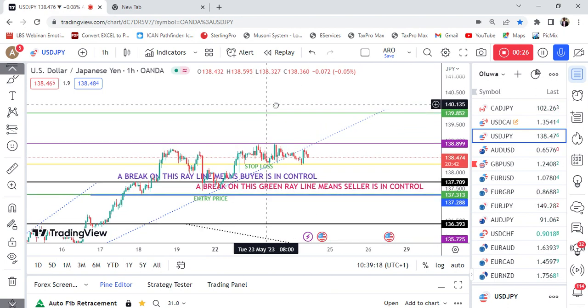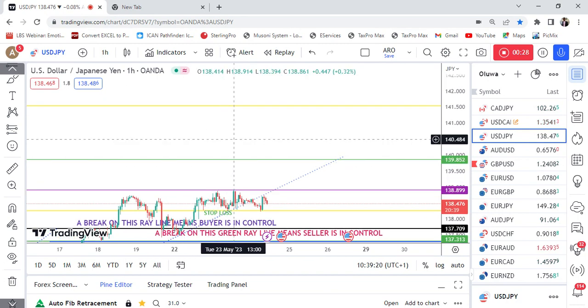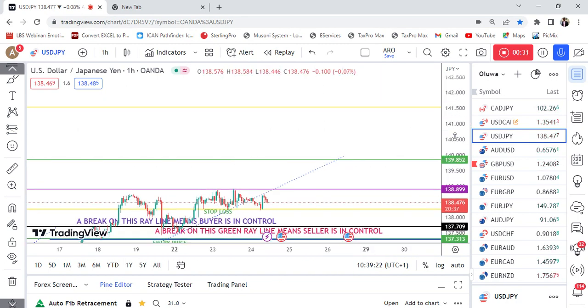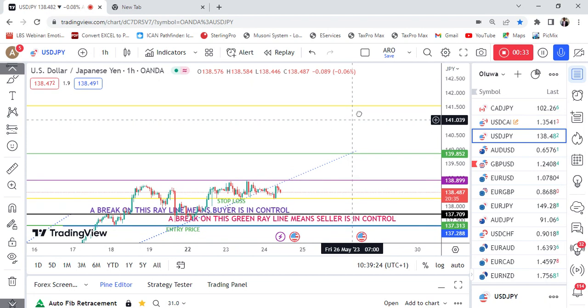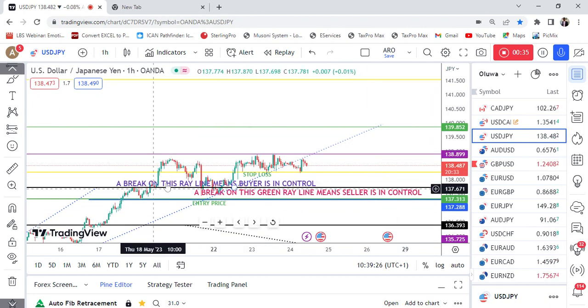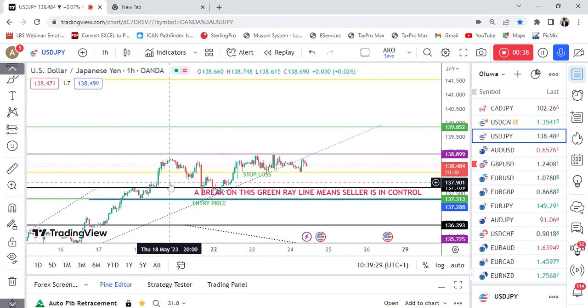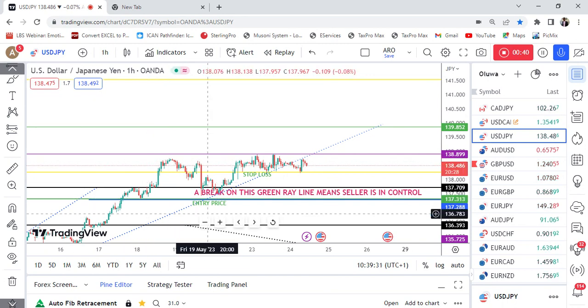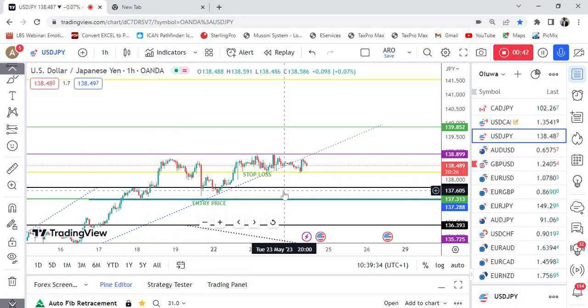We'll be looking at this particular currency pair, which is my favorite currency pair. I usually trade this pair more than any other. So today we'll be looking at 5 things that we need to look for before we place any trade.